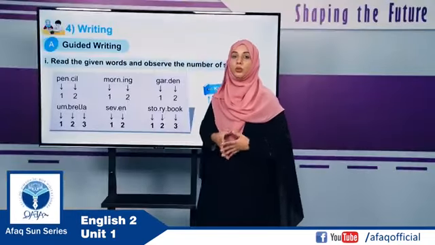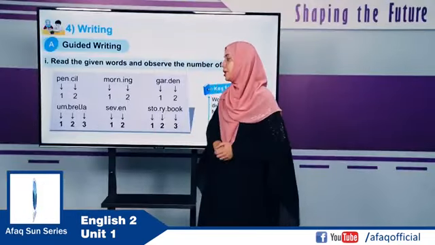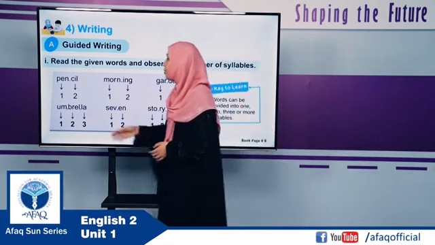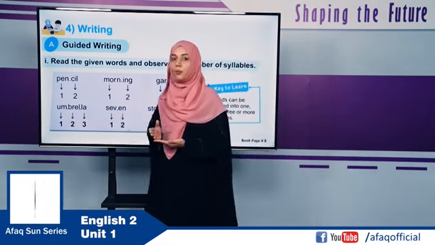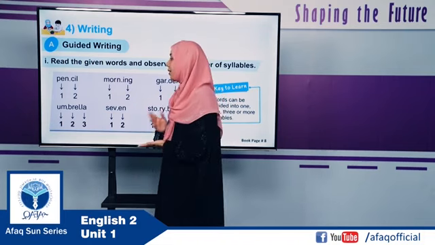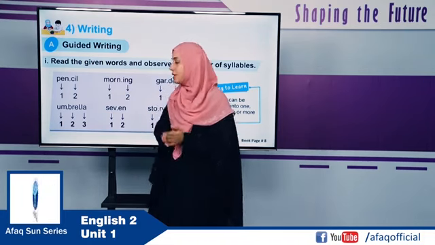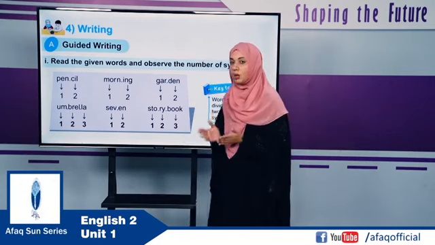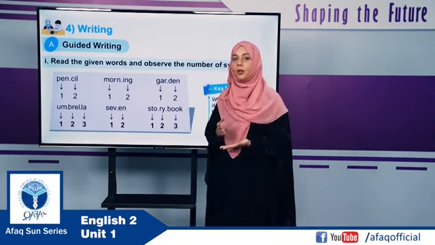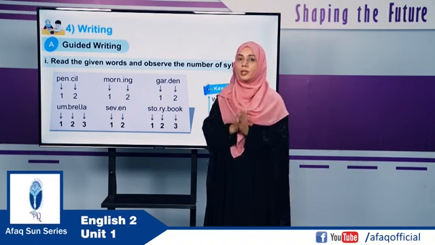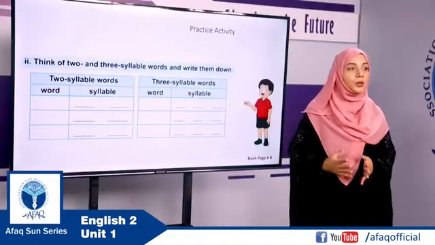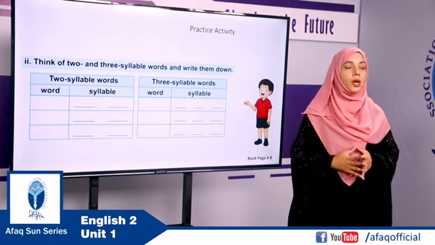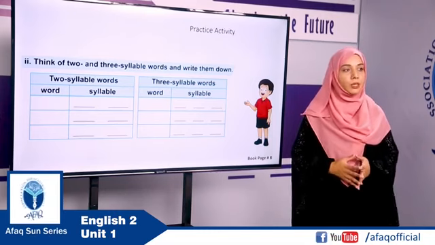Now let's turn to the words that have 3 syllables in them. Okay, so the first word is umbrella. Umbrella. This word has 3 syllables. The next has 2 syllables, and storybook. Storybook. This word has 3 syllables in them. Now dear students, I hope that you have understood the concept of syllables.